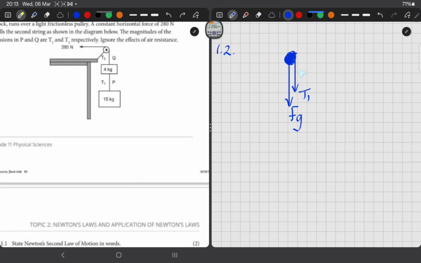That will be tension 1 going downwards. And we have another tension here at point Q, which is tension 2 going upwards. So we'll just finish off here by labeling tension 2. And these are the 3 forces, and this is how the marks would be allocated.